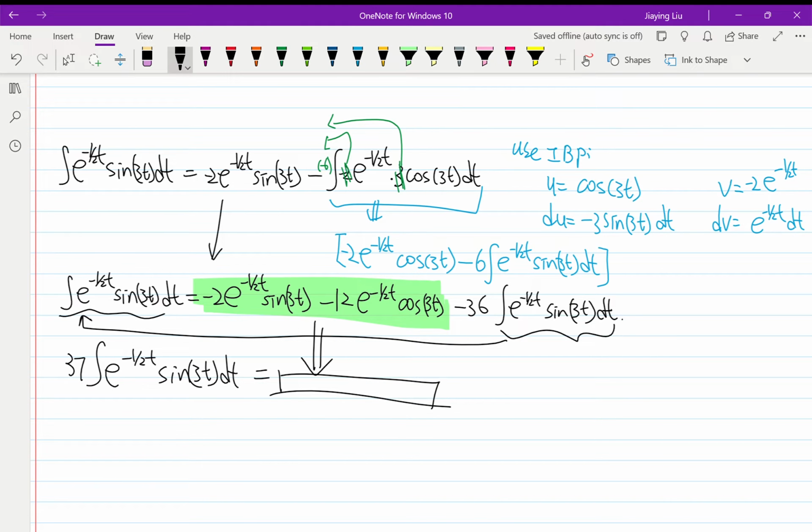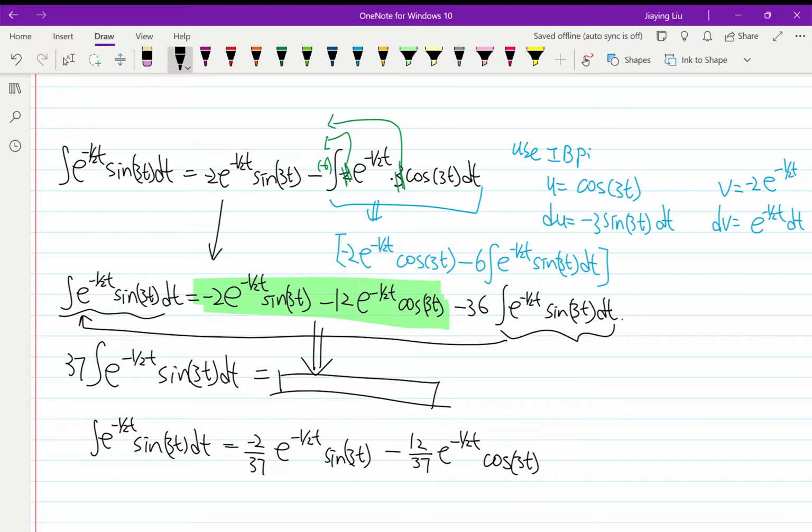Just being lazy here. And then remember we're solving for the integral, right? So the next step is just divide by 37. I'll write down what I have. So divide by 37, the integral of e to the negative 1/2 t sine 3t dt is equal to everything divided by 37, so I get negative 2 over 37 e to the negative 1/2 t sine 3t minus 12 over 37 e to the negative 1/2 t cosine 3t.